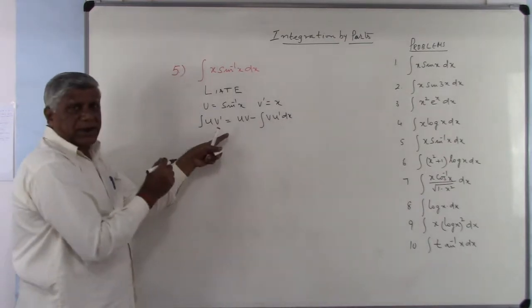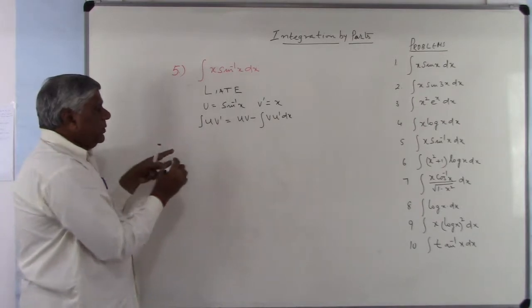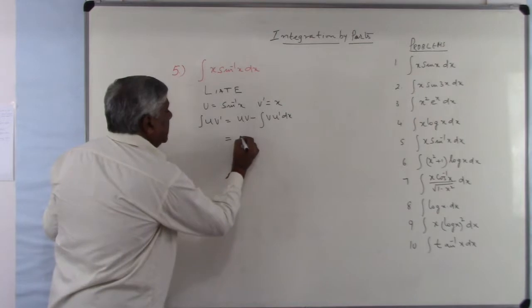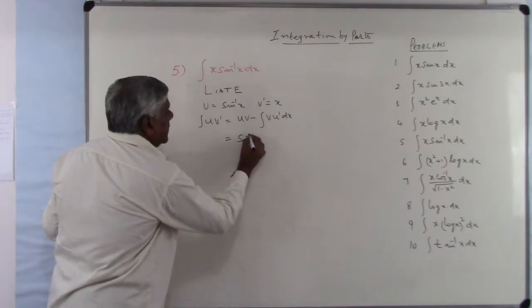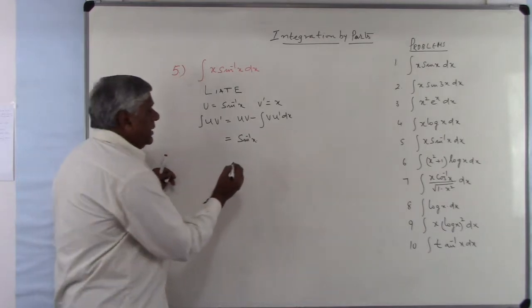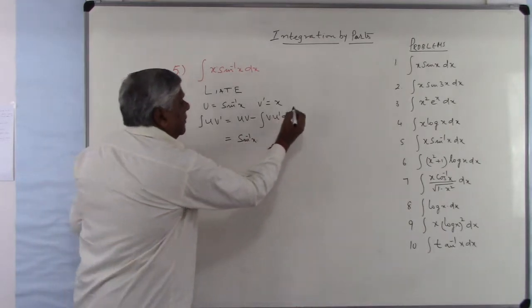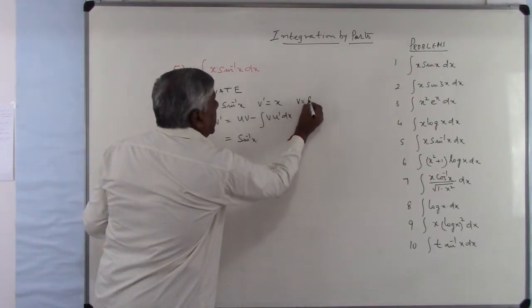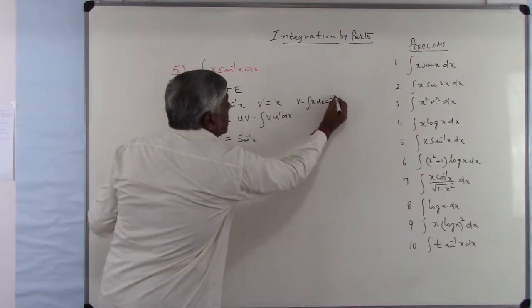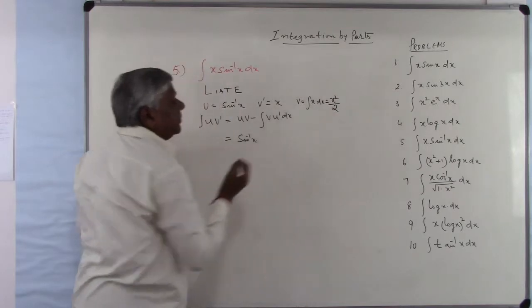That you don't forget, right? So now, this is equal to u is what? u is sine inverse x into, now here v is equal to integral x dx, which is equal to x square by 2.